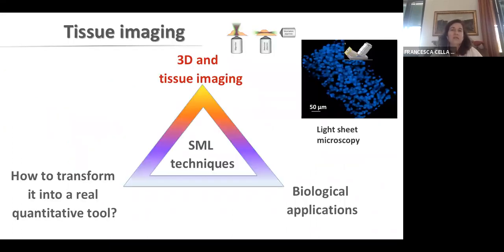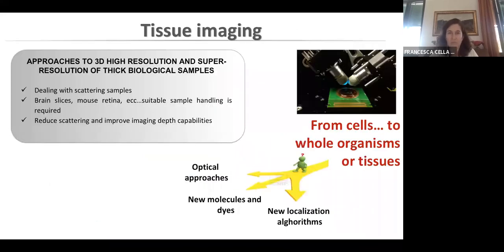So the basic idea is trying to go to tissue imaging. What people usually want, the dream, is to image a tissue directly. So let's go step by step. We have to consider that we have a scattering sample.